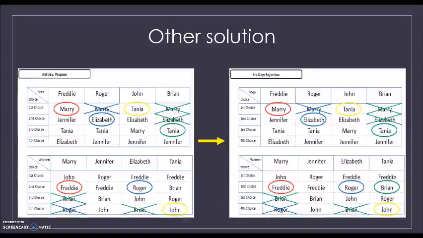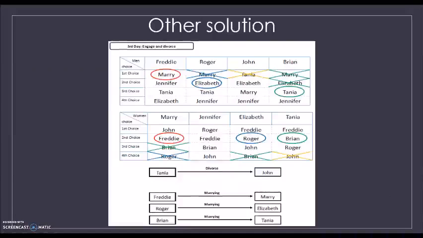Tanya is already engaged with John, but Brian comes and proposes to Tanya, so Tanya has to choose. Tanya chooses Brian because Brian is her second choice. So here, for the third iteration, John gets rejected and Brian settles down with Tanya.